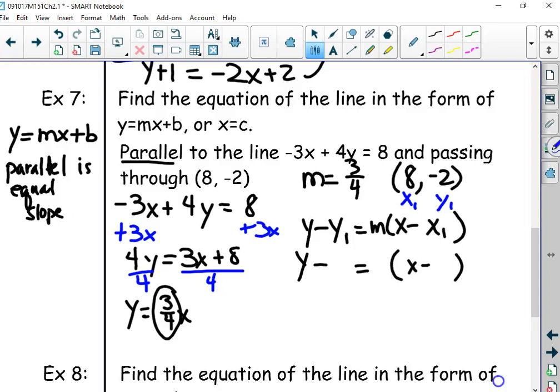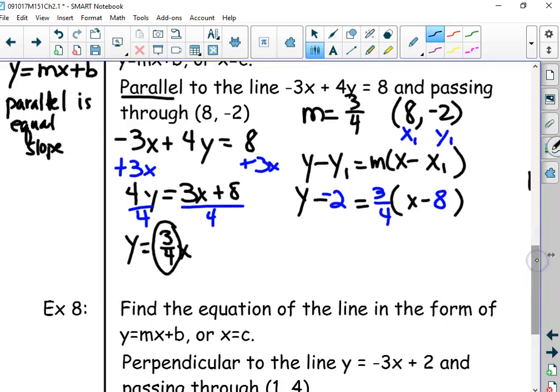Substituting our y1, our m, and our x1. And we're going to simplify that and solve for y. 4 goes into 8 twice. 3 times 2 is 6.